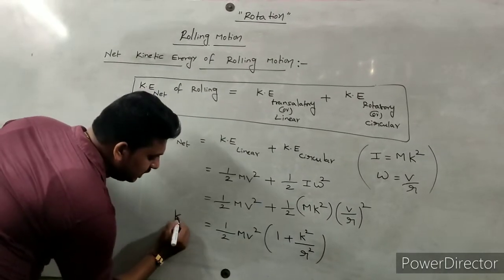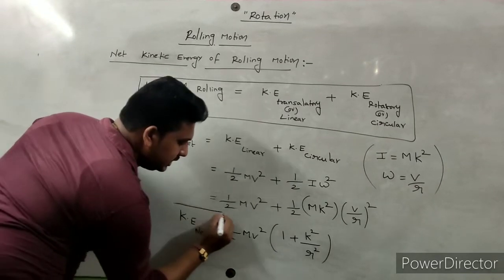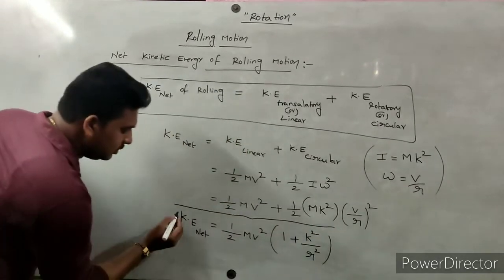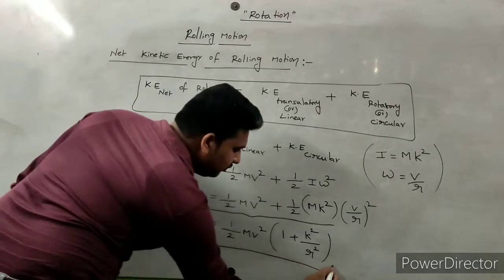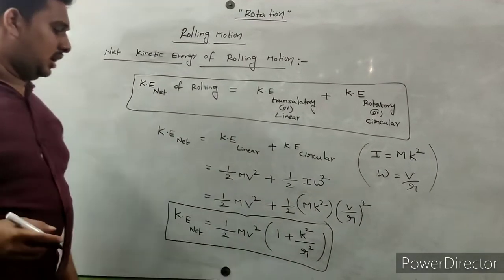That is, we got KE net is equal to half mv square into 1 plus k square by r square.